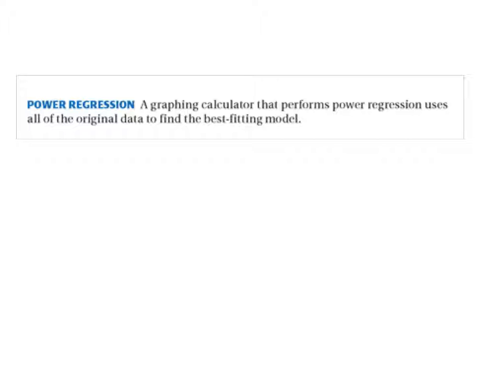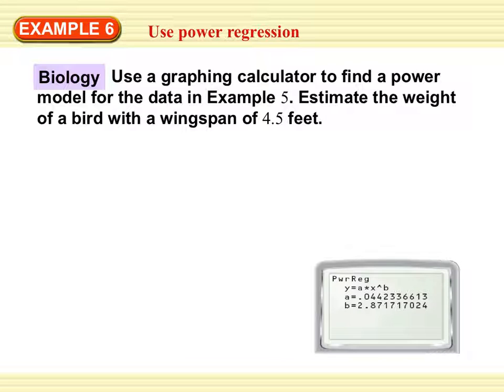Power regression. Okay, now we're going to find out how to do it with a graphing calculator. Glorious. Use a graphing calculator to find a power model for the data in example 5. So in list 3 and list 4, we have our log data. Okay, we don't want that.